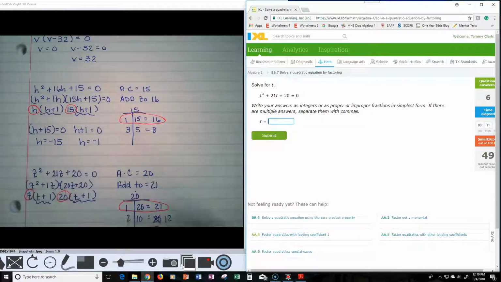So our factors would be t plus 20, and t plus 1, equal to 0. So t is equal to negative 20, and t is equal to negative 1.